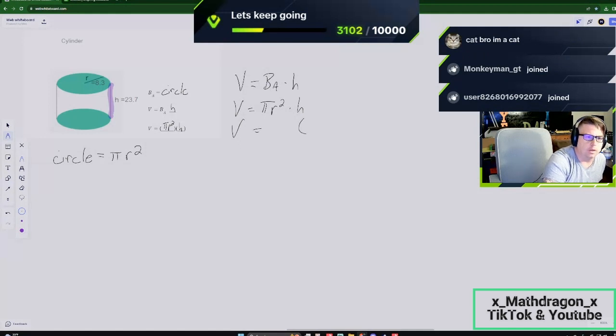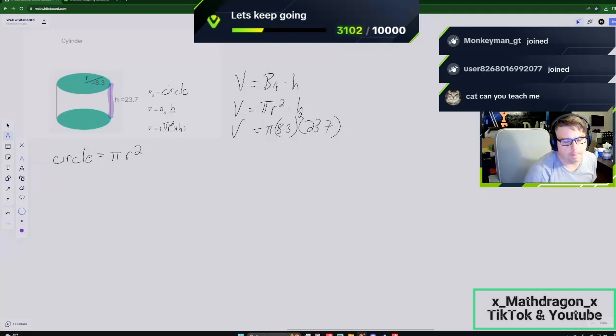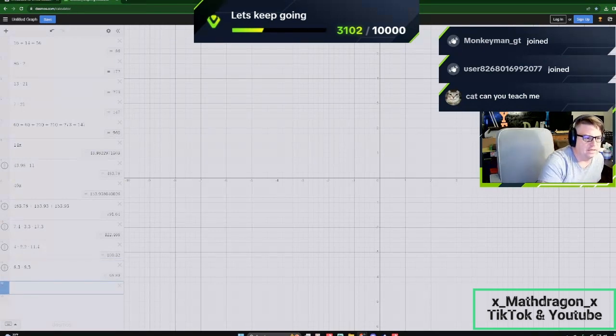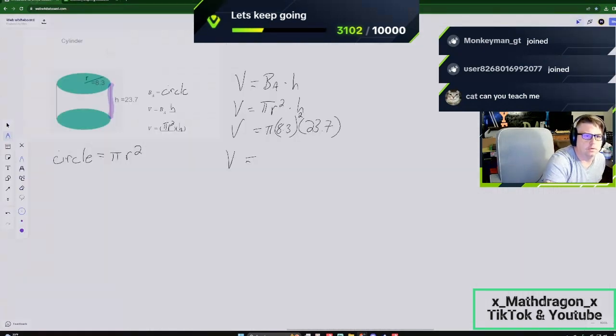And then we already know what the height is. The height is 23.7. We have pi, and then we have some number squared. And that radius is going to be 8.3. So what we want to do first, actually, is do the 8.3 squared first. So we're going to do 8.3 times 8.3, and we're going to get 68.89. So we have pi. We have 68.89. And then 23.7.